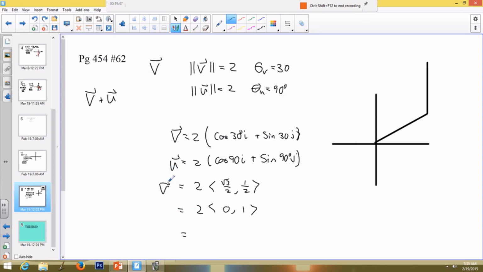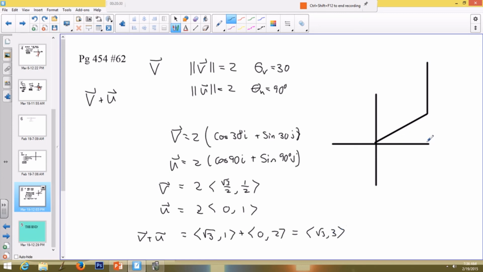So v plus u ends up being (square root of 3, 1) plus (0, 2). I get those values when I distribute the 2. It cancels out the bottom part, so I just get square root of 3 and 1. When I distribute the 2 to the 0, I get 0, and to the 1, I get 2. And so my final solution here is going to be (square root of 3, 3).